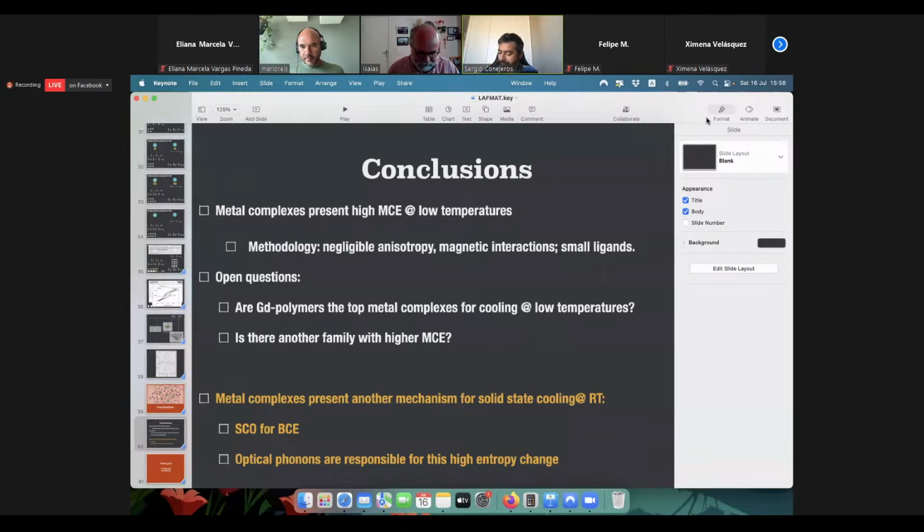I have one question about the magnetocaloric effect, because it's an interesting problem: you need to have negligible magnetic interactions, but at the same time you need to have high magnetic density. You commented that gadolinium is the best magnetic center for this kind of material.